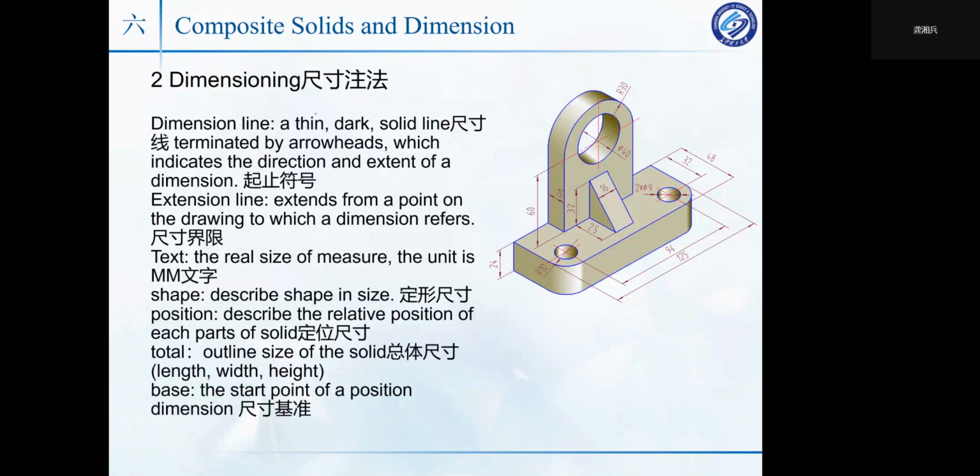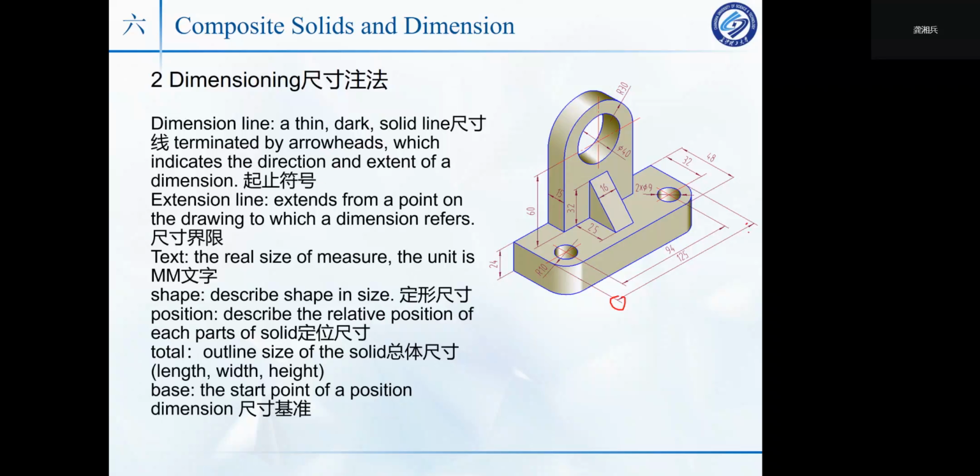First, the dimension line. The dimension line is a thin, dark, solid line, determined by an arrowhead. The arrow gives the direction, which indicates the direction and extent of a dimension.